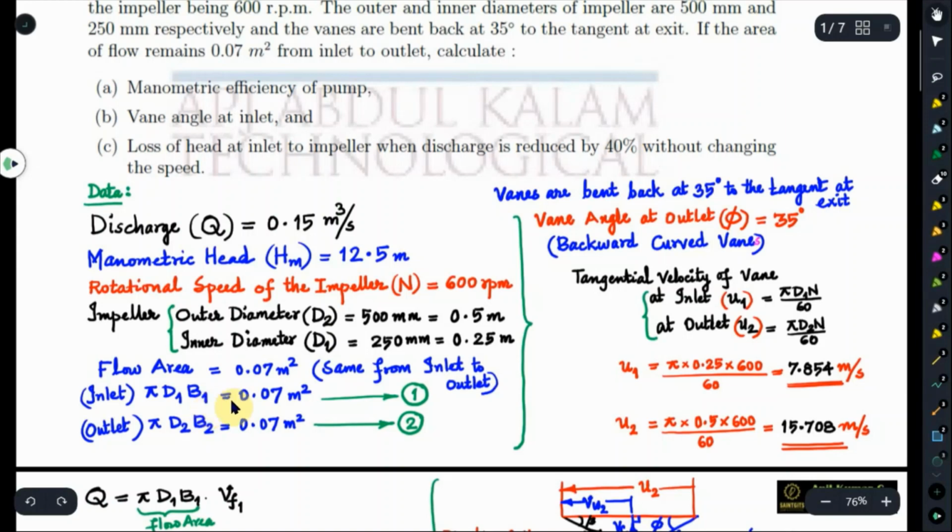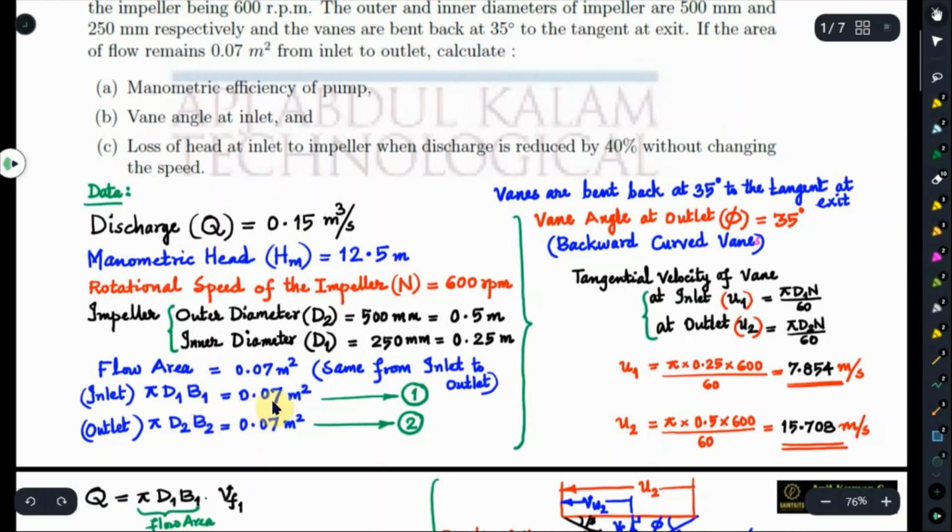So flow area here is directly available, 0.07 meter square. So we need not bother about the diameter or breadth. Here B1 and B2 are the breadth or the width of the impeller at inlet and outlet respectively.